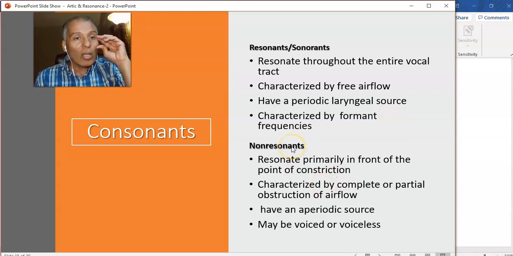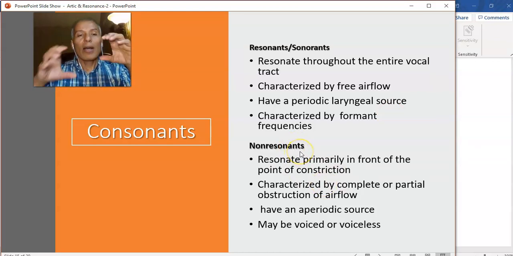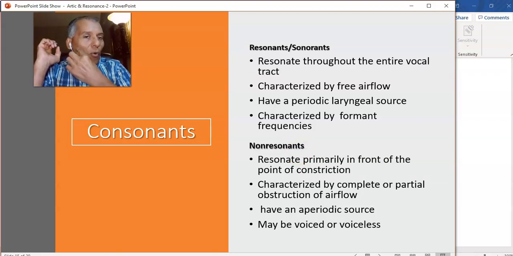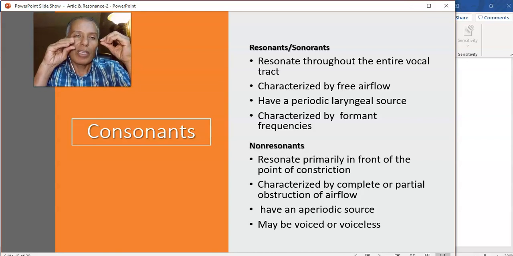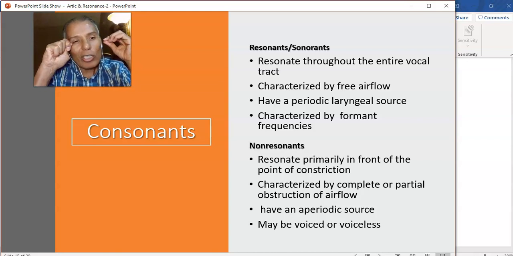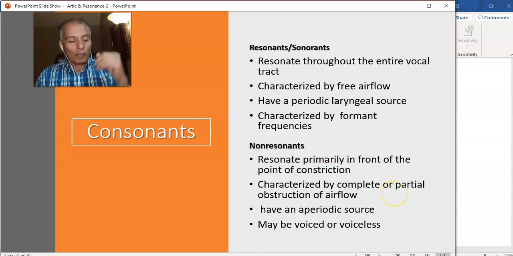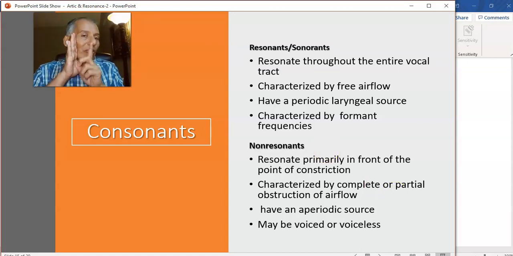So non-resonant sounds are marked by a major constriction in the vocal tract somewhere, either complete constriction, closing off the airway completely, or partial constriction. And in front of the constriction, if you have a constriction here, you say ka, ka.